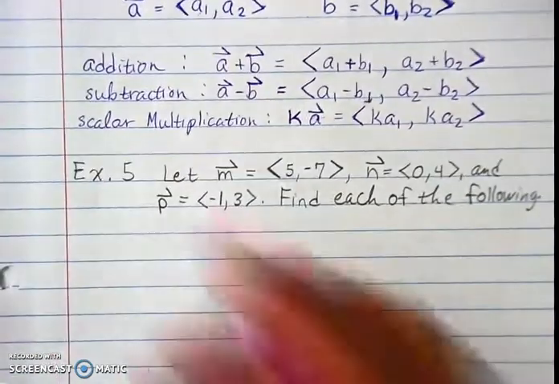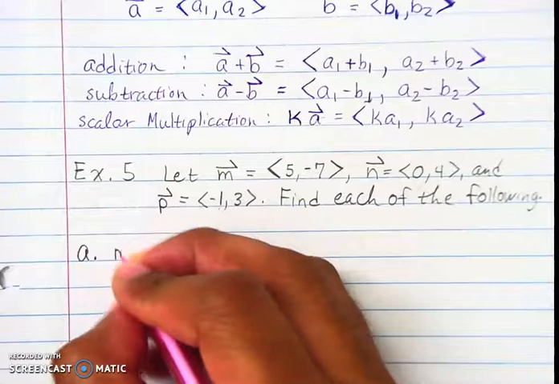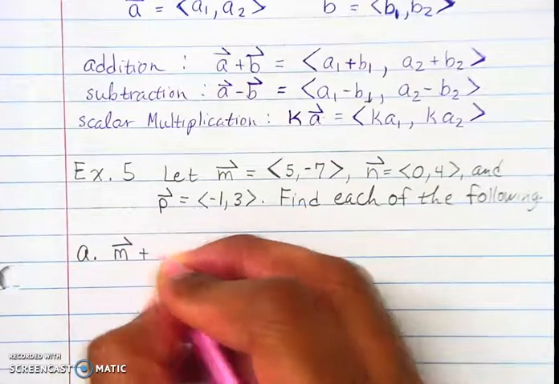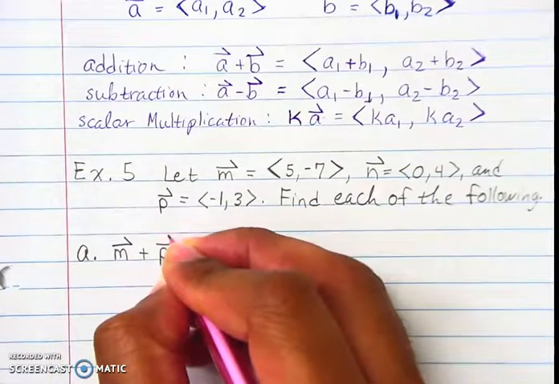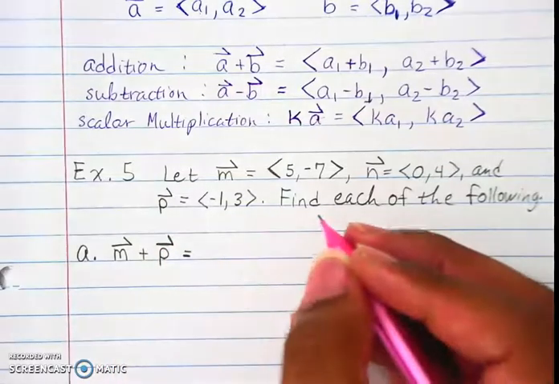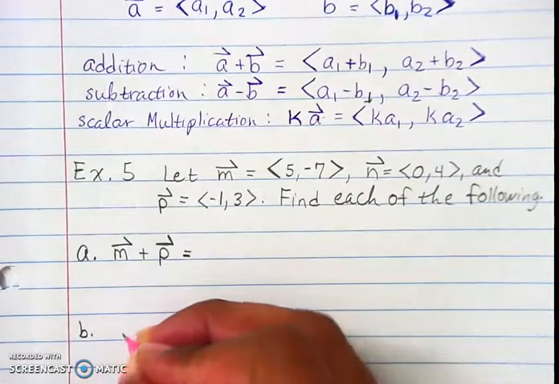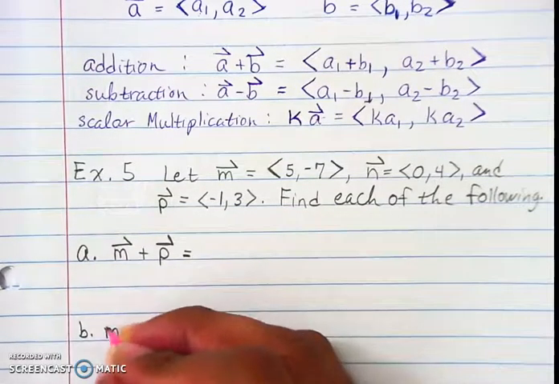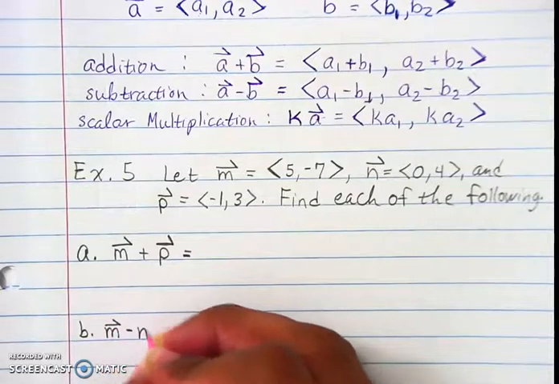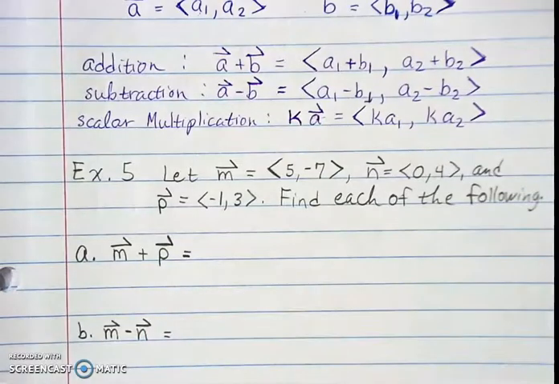So we're going to start with A. We're going to do vector M plus vector P. And then for B, we're going to do vector M minus vector N. And again, these are going to be very simple and easy.